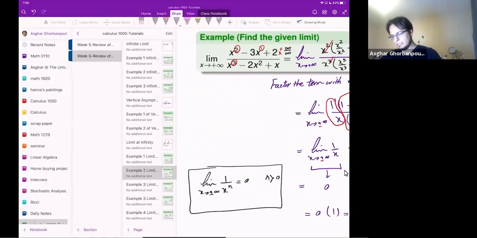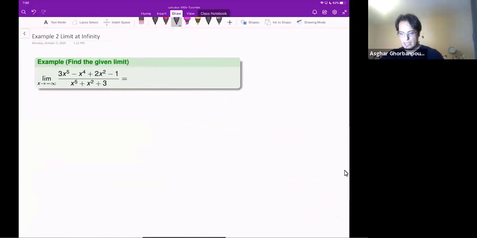Okay, so then let's go to the next one. I am going to leave this one as an example for you to do yourself. Maybe I quickly go over it, but I will let you do the whole work. The limit as x goes to negative infinity: I factor out the highest power, x to the power 5.